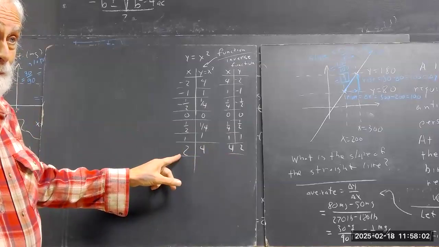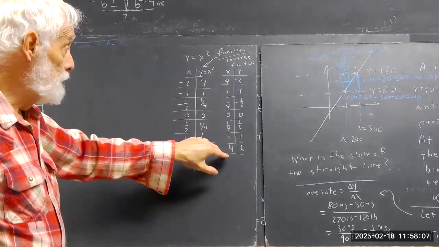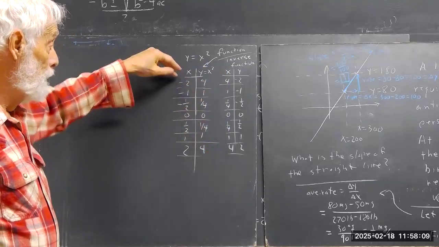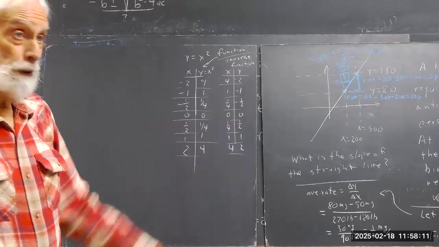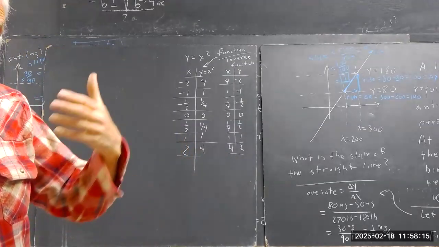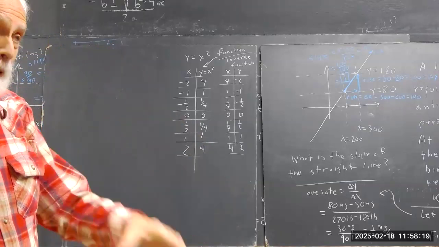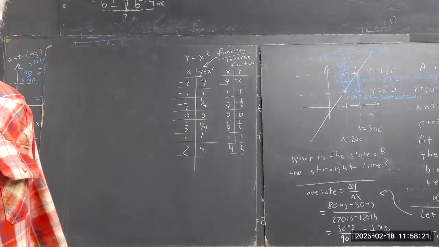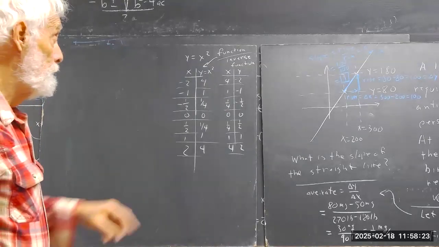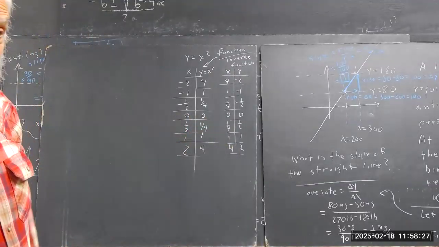If you have the table, you just put these numbers in the X column. The Y numbers go in the X column, the X numbers in this table. But you should be able to read that paragraph too, right? Okay. So that's it. That's how you get a table for the inverse function.